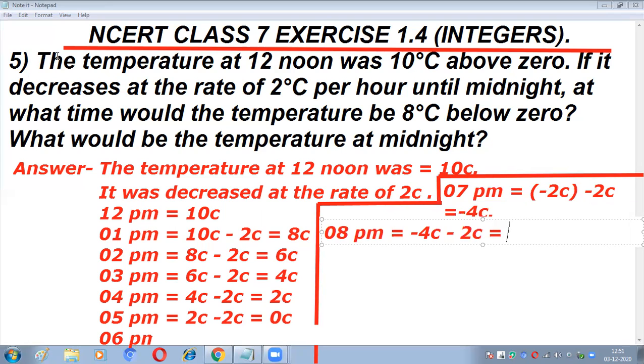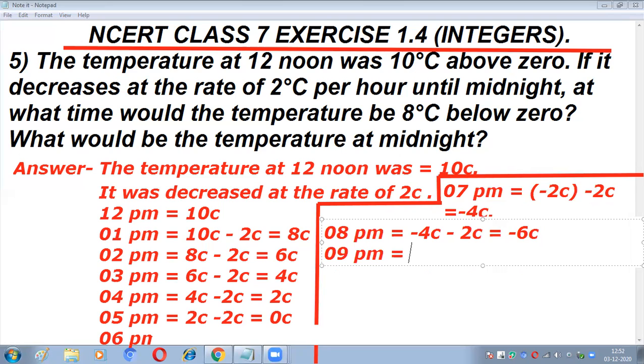Here is negative, here is negative, minus minus plus, so 4 plus 2 is 6, and the minus sign also, minus 6 degrees Celsius. 8 p.m. done. Now 9 p.m.